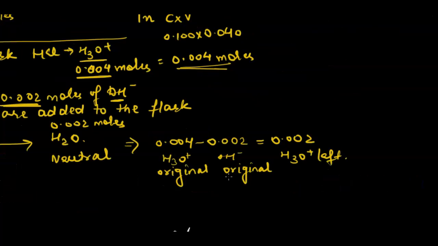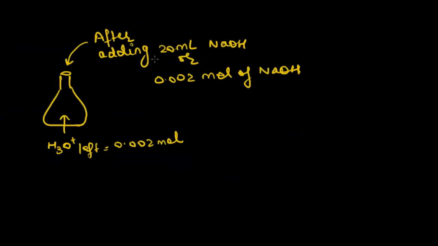That is shown by this step, and we are finally left with only 0.002 moles of H3O positive. So now in our titration flask, there are no longer 0.004 moles of hydronium ions. Instead, there are just 0.002 moles of hydronium ions left in the titration flask. So after adding 20 ml of NaOH or 0.002 moles of NaOH, we are left with hydronium ions equal to 0.002 moles in this titration flask. However, this titration flask now contains not just HCl but two solutions.